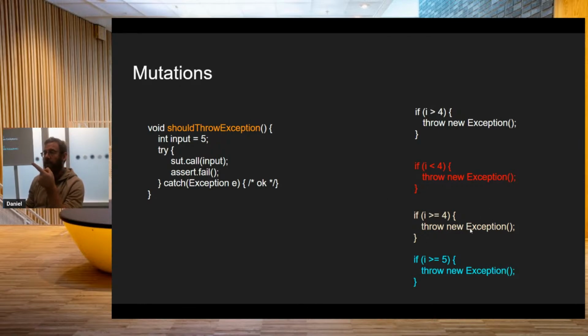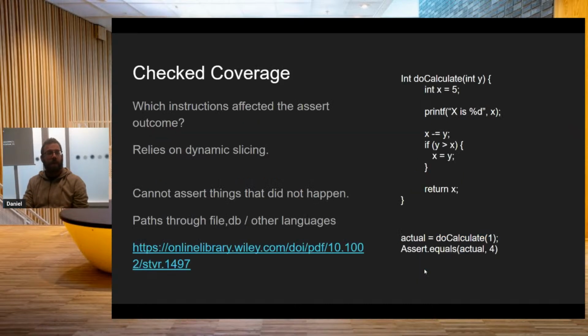I should test with a 4 also, right? But it could also be that I have an equivalent implementation. So the mutation score here now is just 1 out of 3. 33% of the mutants are found. In this case, I'm missing a test case, and in this case, I have an okay test suite, but we can't really tell this.